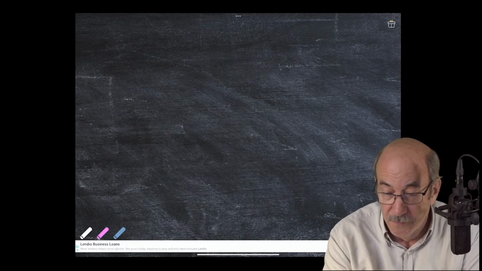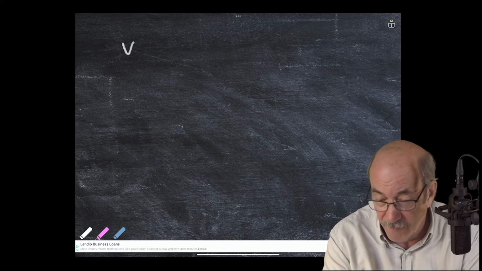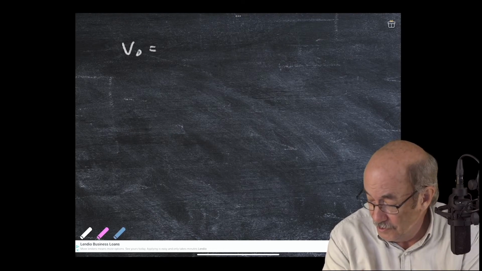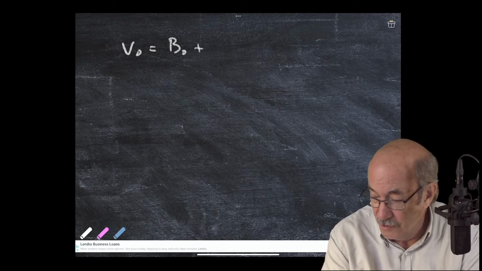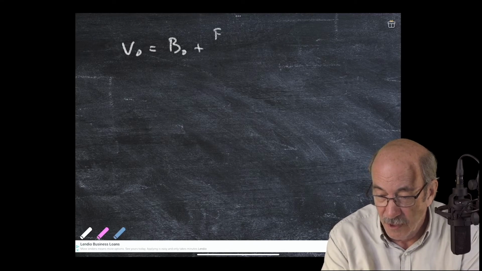All right, so the value of the share is equal to the book value plus the excess that we get.